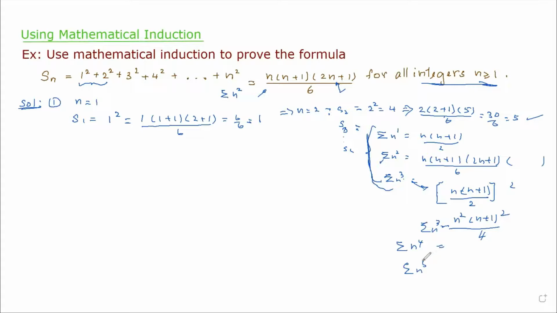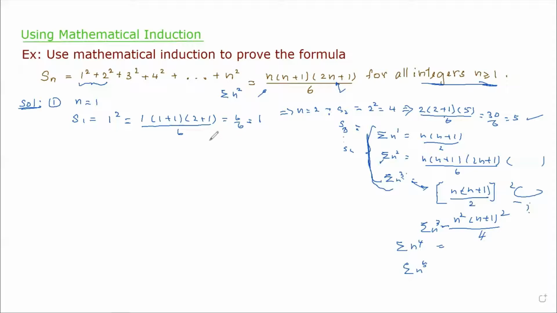I will give you this formula later. Sigma n power 5 is similar to sigma n power 3, since it is an odd power. It is the same as this one, but with more terms and a bigger denominator. If you want to remember, just remember up to here, and I'll give you the rest later.